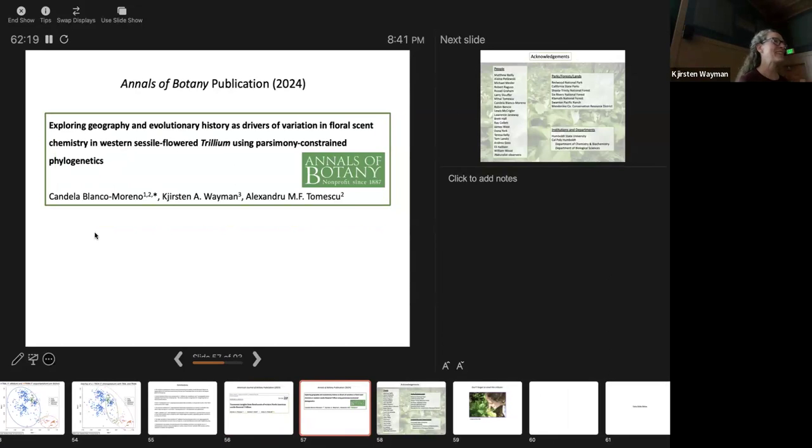But maybe you mentioned morphometrics, so maybe you're talking about morphology compared to floral scent. Unfortunately, the best I've been able to do in that sense is I take lots of photos.